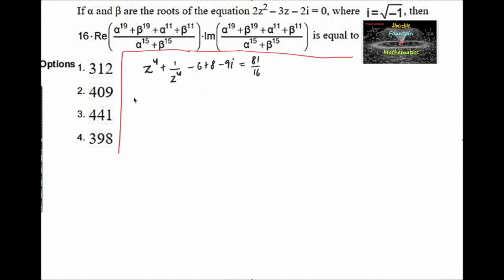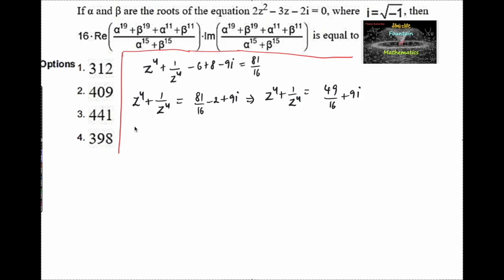Let's simplify, so we can get z power 4 plus 1 upon z power 4 is equal to, 8 minus 6 is 2, so minus 2, so 81 by 16 minus 2 plus 9i, which implies z power 4 plus 1 upon z power 4 is equal to, 16 times 2 is 32, 81 minus 32 is 49, so 49 upon 16 plus 9i.